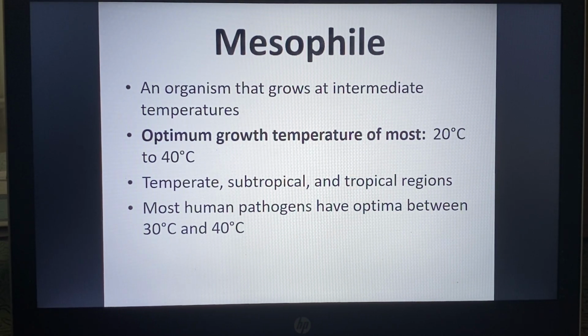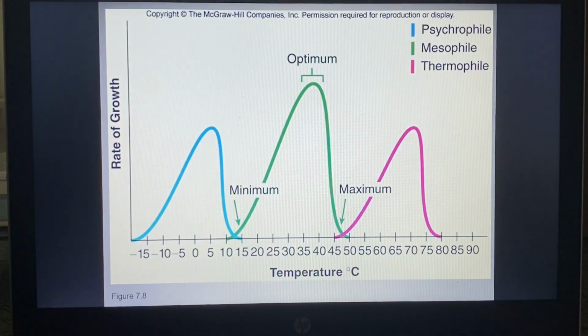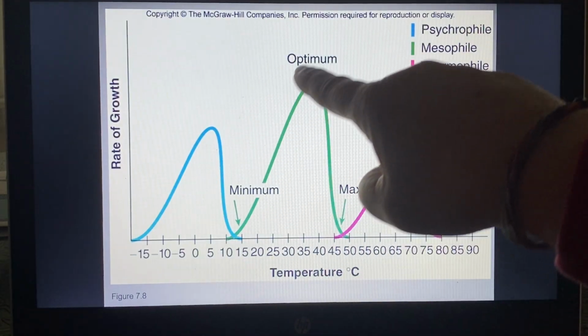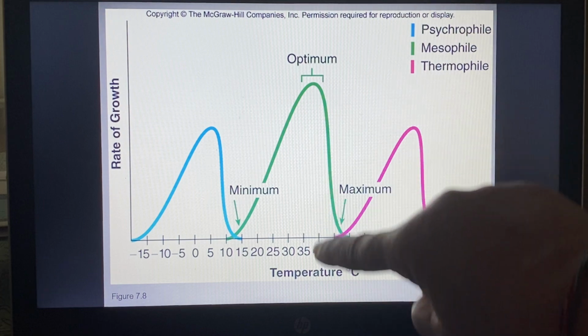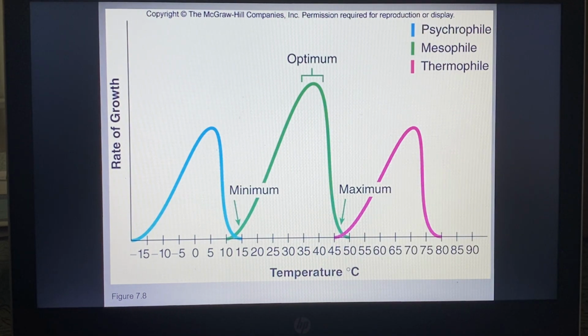And most of the mesophiles that infect humans have their optimum growth curves between 30 degrees and 40 degrees Celsius, with the majority of them, the ones that really are pathogenic, having their optimum right at human body temperature. Okay, so going back to this, this is a mesophile. So you see its optimum is right at human body temperature.